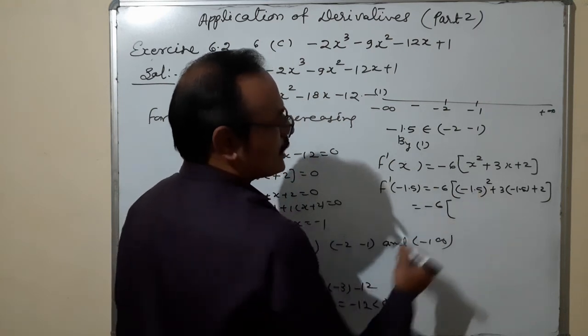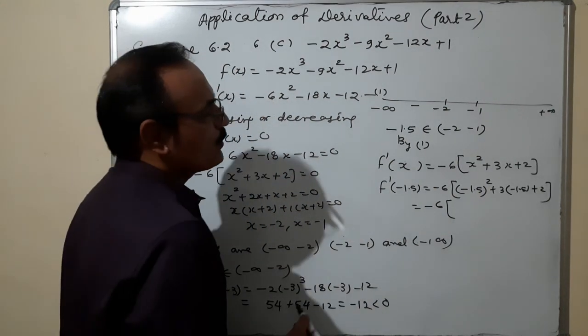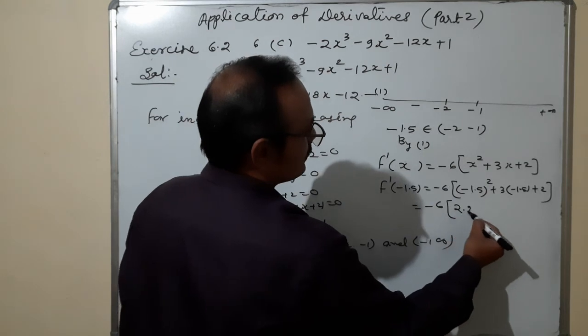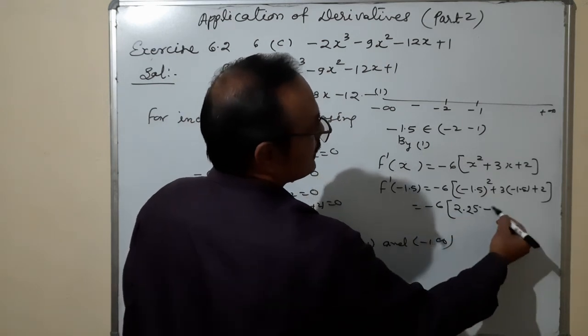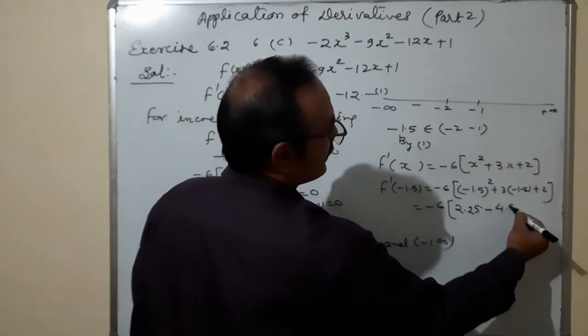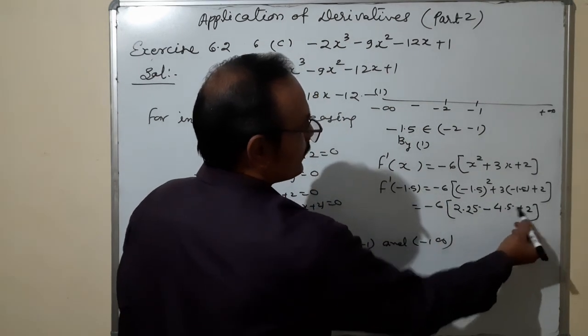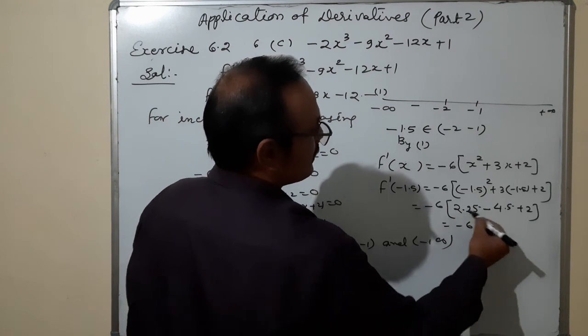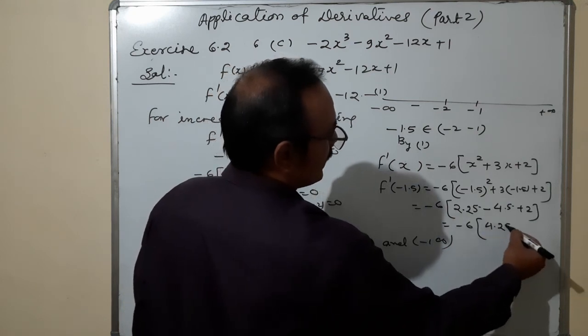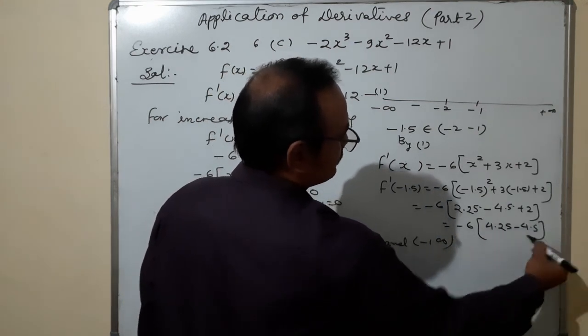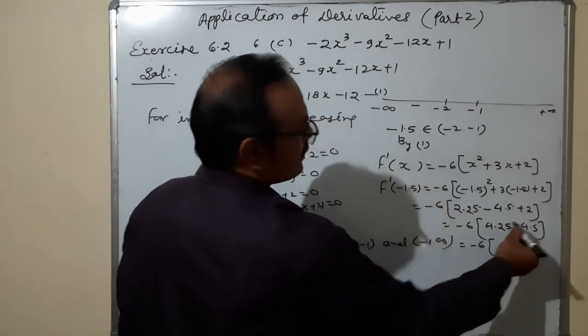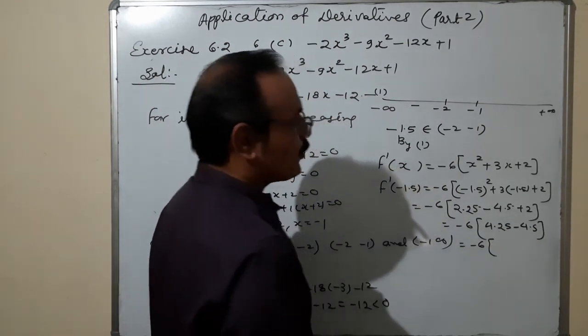Minus 6 into minus 1.5 whole square, that is 2.25, minus 4.5 and plus 2. 2.25 plus 2 is 4.25, and 4.25 minus 4.5.